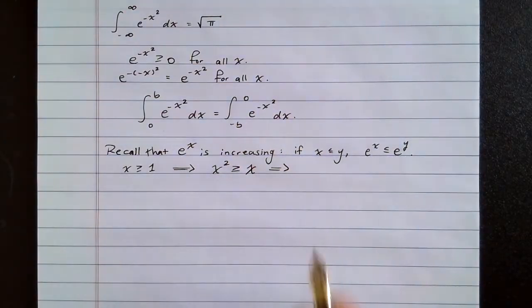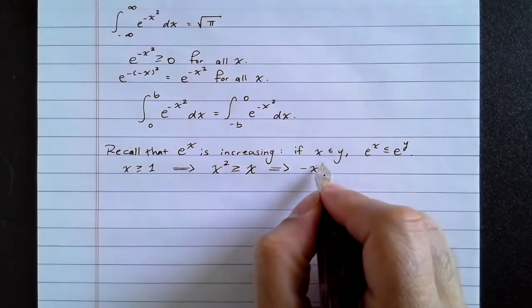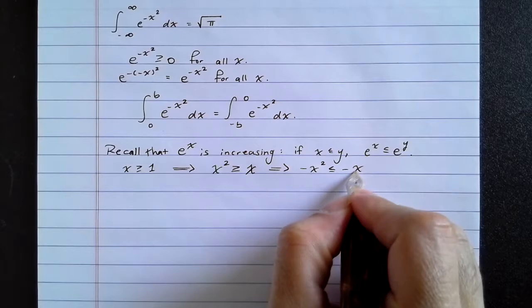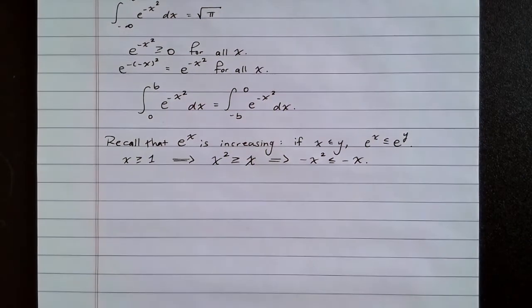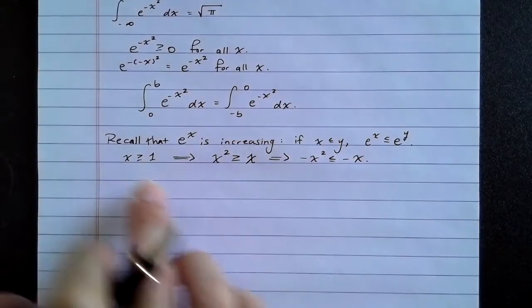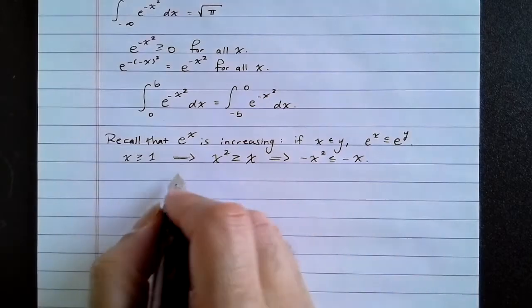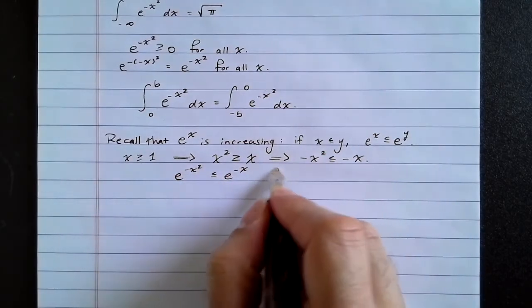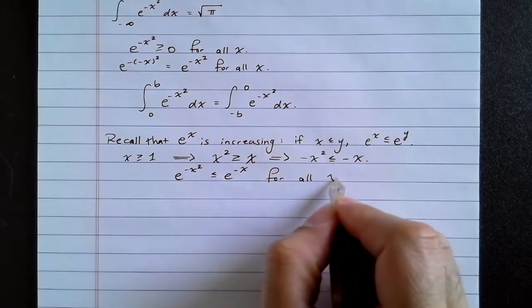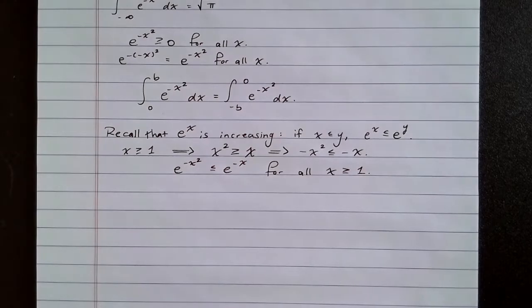And since negative 1 is negative, the inequality flips. And I get that negative x squared is less than or equal to negative x. Again, this is for x values that are bigger than or equal to 1. So e to the negative x squared is less than or equal to e to the negative x for all x bigger than or equal to 1.